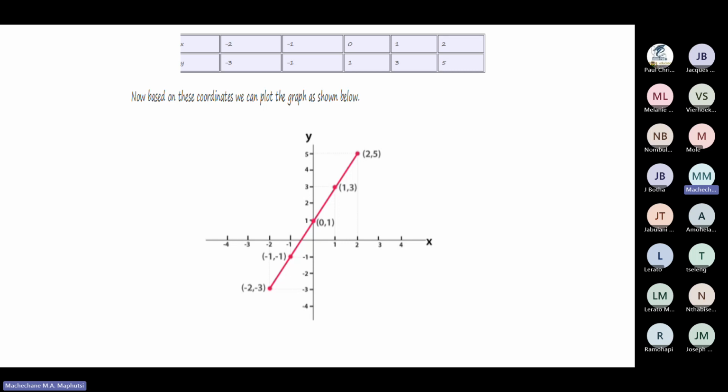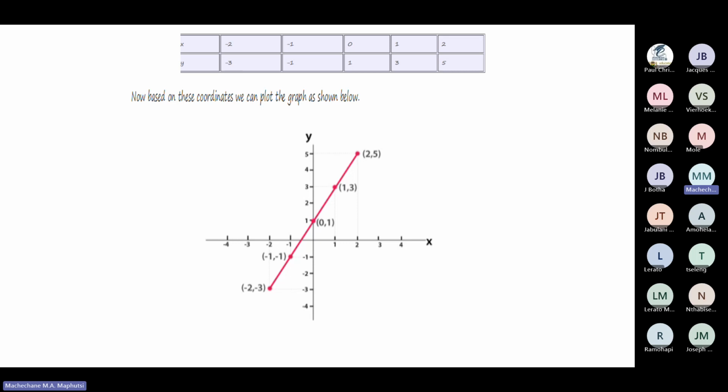So I'm going to move 2 units. Then when I come to -2, I have to move -3 units, meaning that with my y values, when I move up, I'm moving positive y, and when I'm moving down, I'm moving negative y. So I'm going to count 3 units down: 1, 2, 3. There, as you can see my pointer, that's the coordinate -2 and -3.